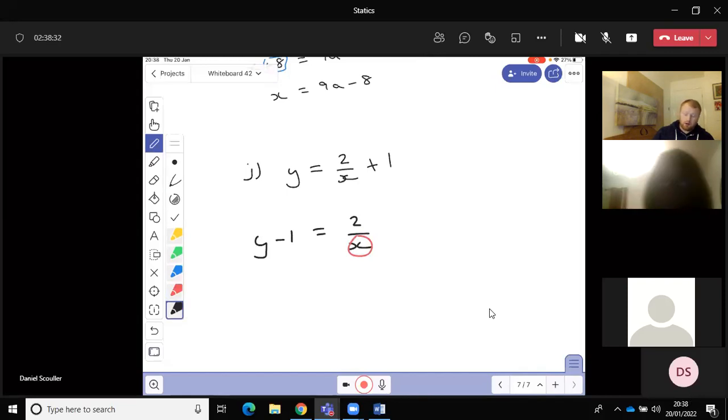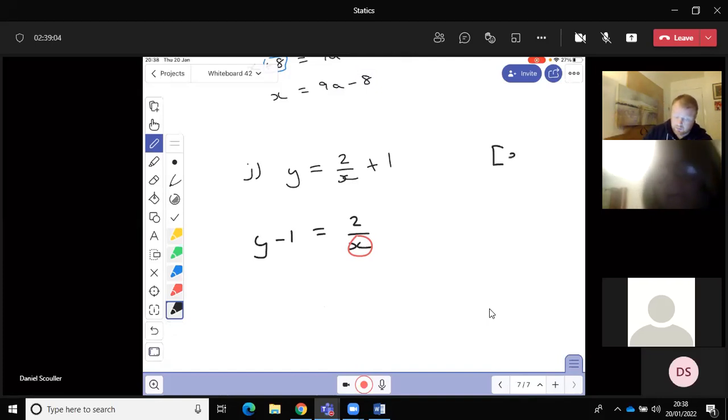Now I could move that 2 over, but that's just messy and it looks horrible. That's mathematically correct, but we want to leave x as the top number, the top character, sorry. So I could move that 2 over and leave x on its own, so technically isolated x.